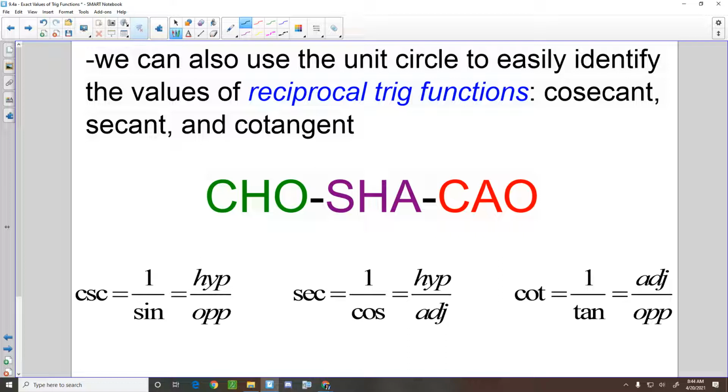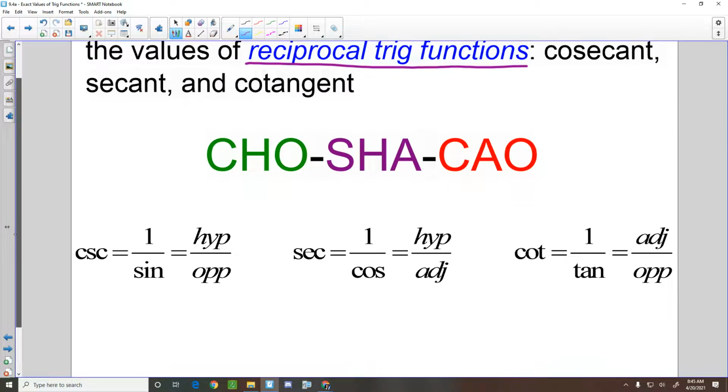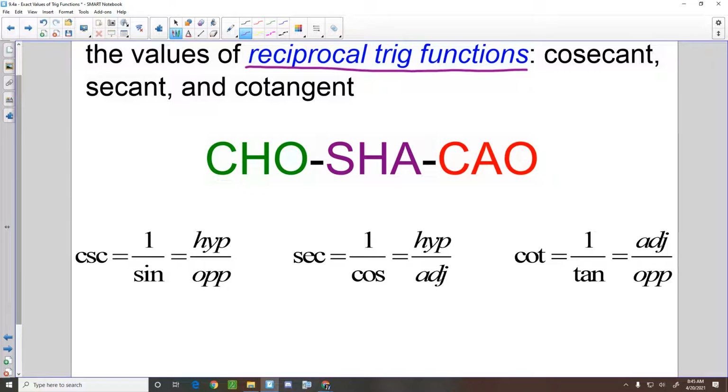All right, so we do have 3 reciprocal trig functions. We can also identify these reciprocal trig function values by using the unit circle. These reciprocal trig functions were called cosecant, secant, and cotangent. And if you recall, each of these new trig functions were just reciprocals of your classic favorite trig functions.